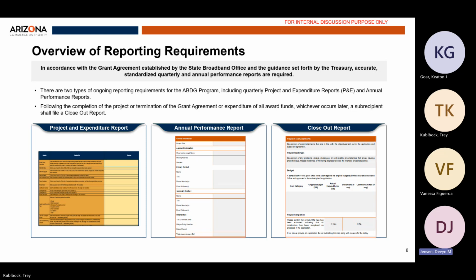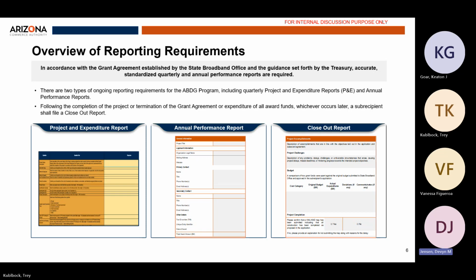Before diving into the information provided in these reports, we wanted to note one thing. The project and expenditure report and annual performance report are referred to as the activity report in eCivis. When submitting the P&E report and annual report, please be sure you're submitting them to the activity report section in eCivis. This is different from the monthly payment reimbursement request forms, which should be submitted as financial reports in eCivis.